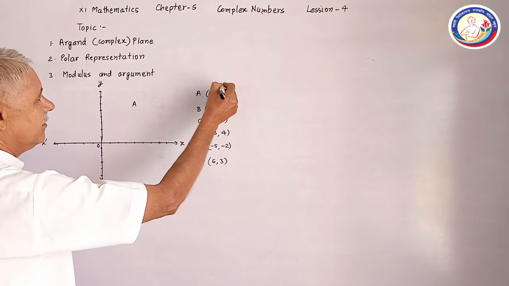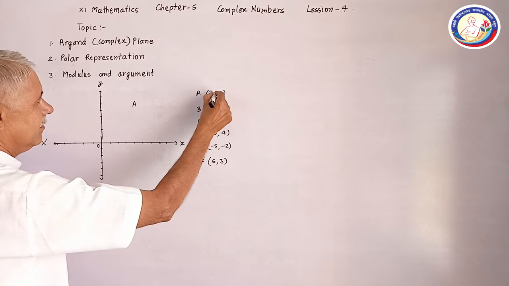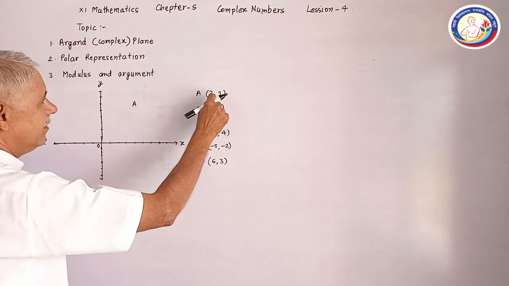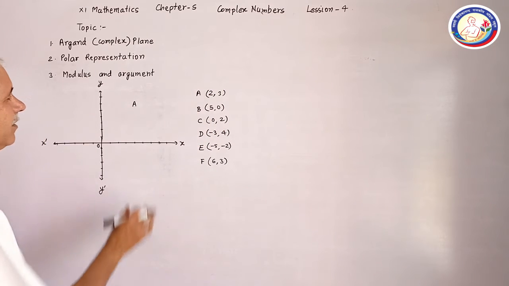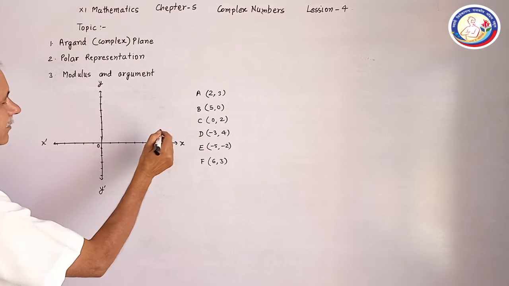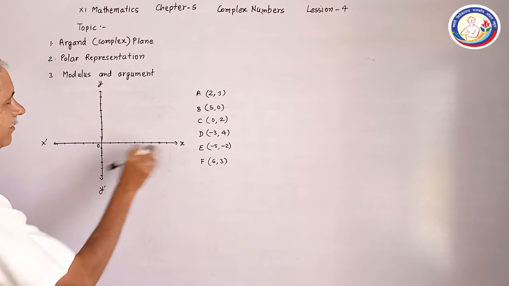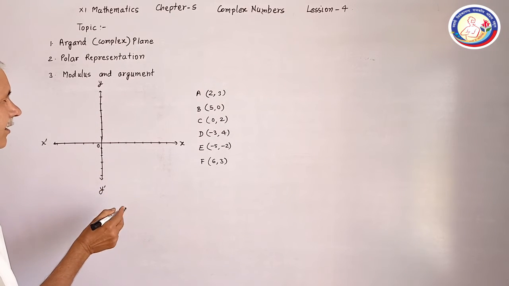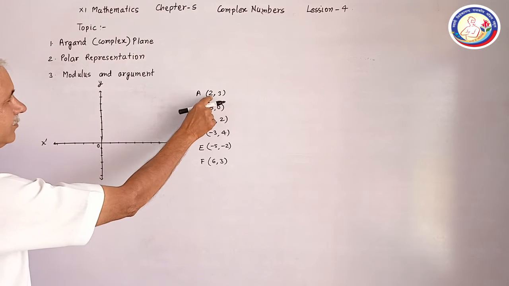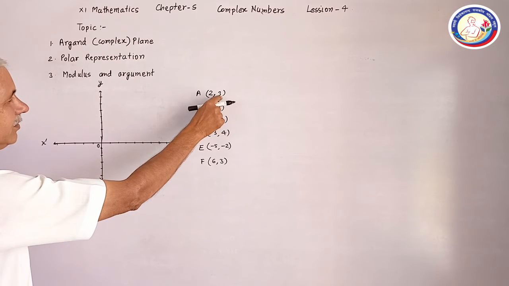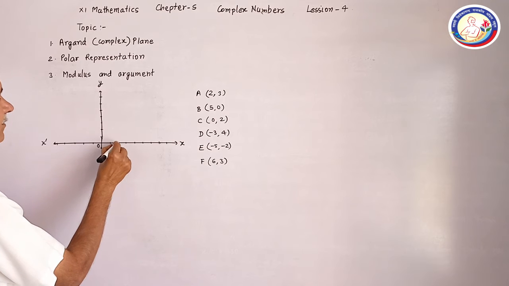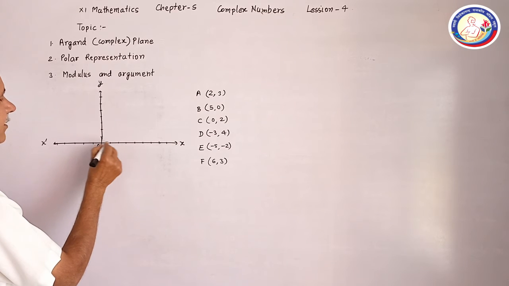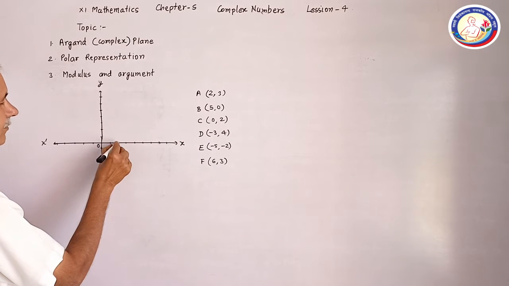Say this is an ordered pair 2, 3. What is the meaning of this ordered pair? If we represent it on an xy plane, here the x coordinate is 2 and y coordinate is 3. Now, here the distance from origin is 2.